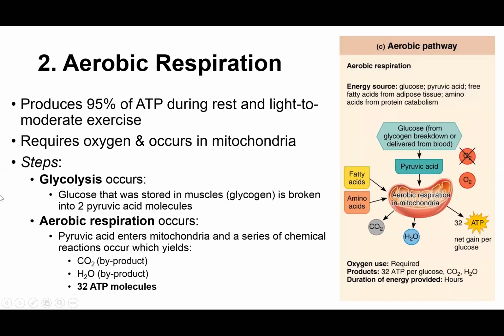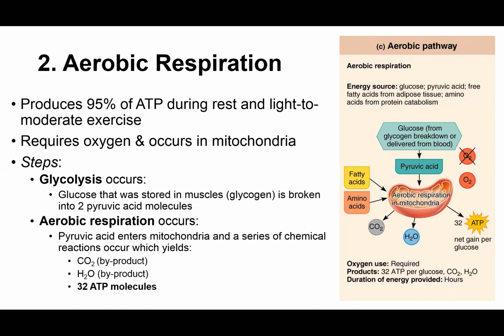Aerobic respiration is the type that produces 95% of the ATP that we use during rest and during light to moderate exercise. This one requires oxygen and occurs in mitochondria.